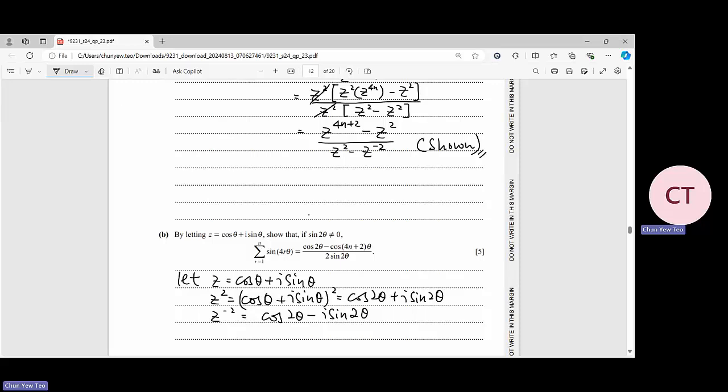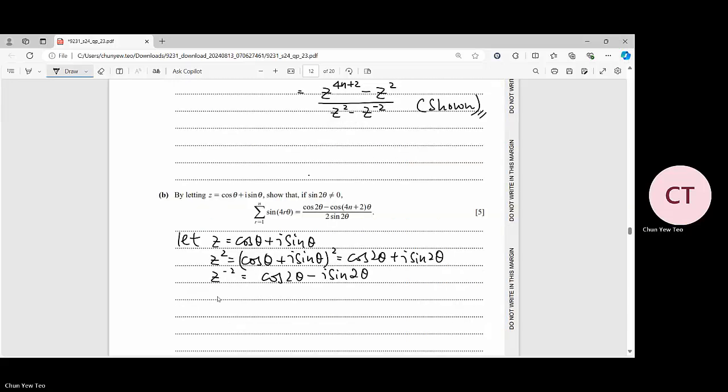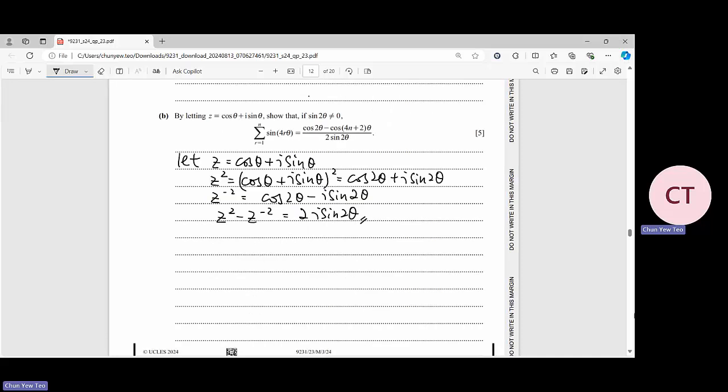I'm applying the de Moivre theorem actually. So I need to get this one ready first. Then I can get z squared minus z to the power of negative 2. Subtracting them, you will get 2i sine 2 theta. Okay, so this is what I need in order to solve the problem.